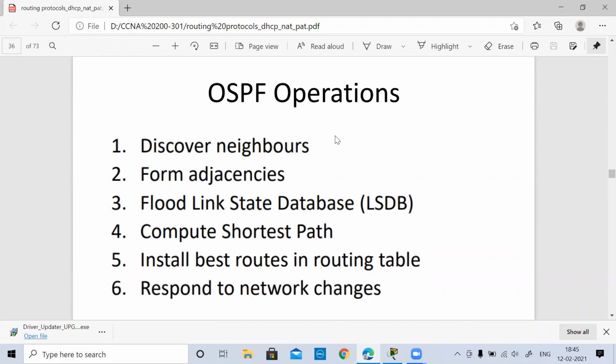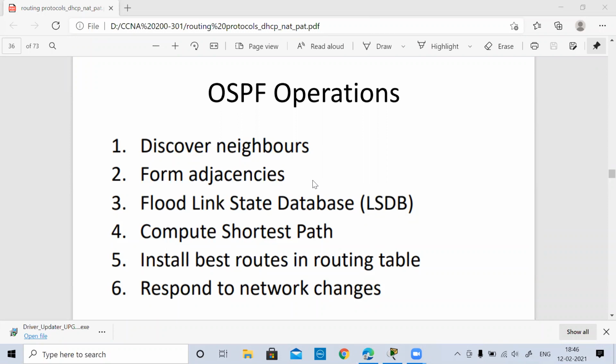Then they form their adjacencies, understanding that these are their neighbors. Post which they exchange their link state databases, compute their shortest path, pull the best path into the routing table, and then respond to network changes. So these are the broad operations that OSPF does.